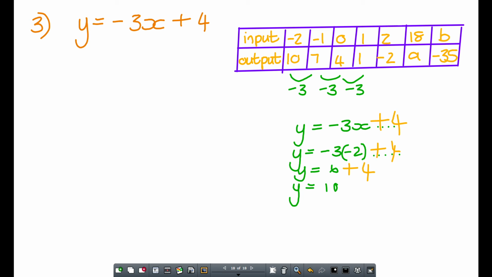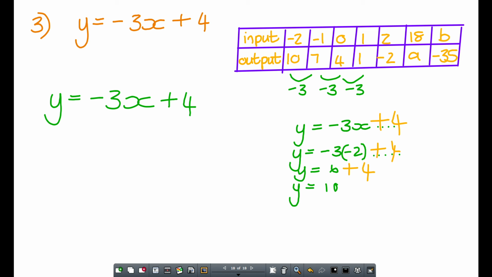Right. So that's how I got the equation. Now I've got to get that A value and the B value. A is my output value. Listen and pay attention. My equation was y is equal to minus 3x plus 4.